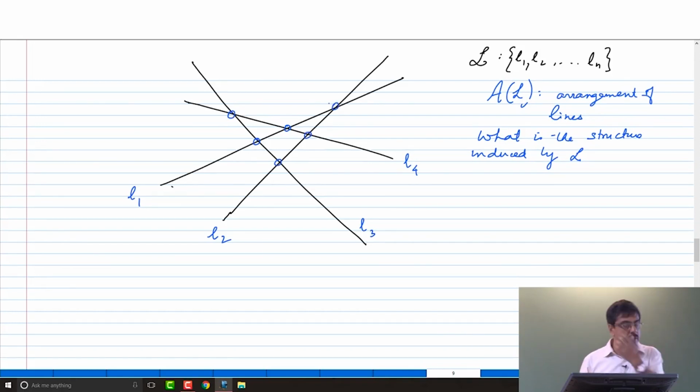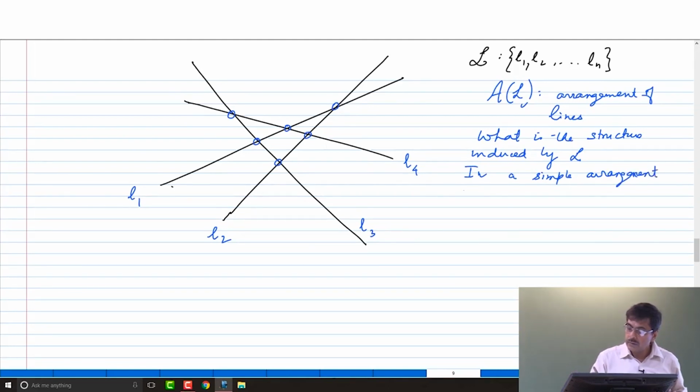And as I said, if we assume that the arrangement is a simple arrangement, so in a simple arrangement no 3 lines are concurrent, the number of intersections is given by n choose 2, right.